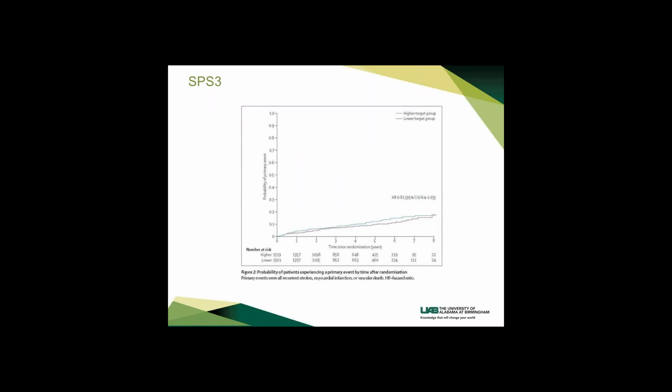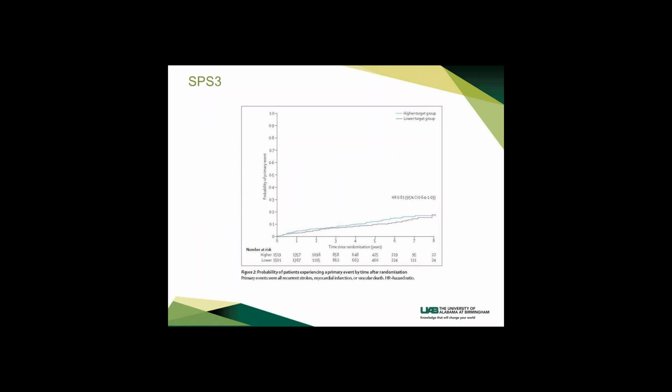Okay, so that didn't show up very clearly. I apologize for that. This figure shows the probability of patients experiencing a primary event by time after randomization. So what we see in this figure, and again, I apologize to the camera that I'm wandering, is this is time 0, and time in years since randomization is increasing across the bottom of the figure.